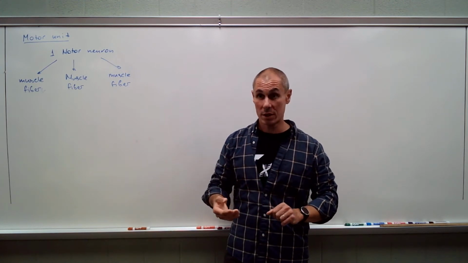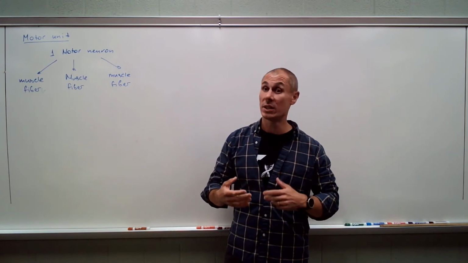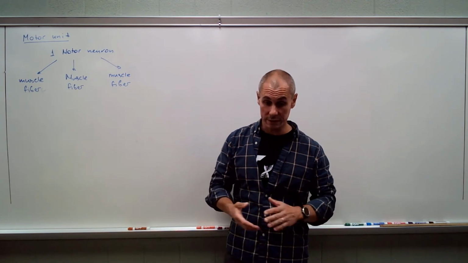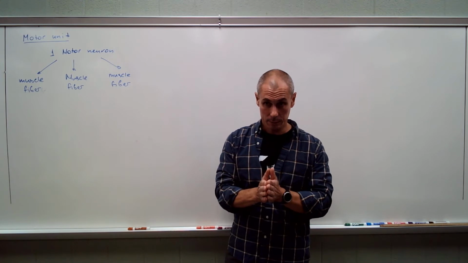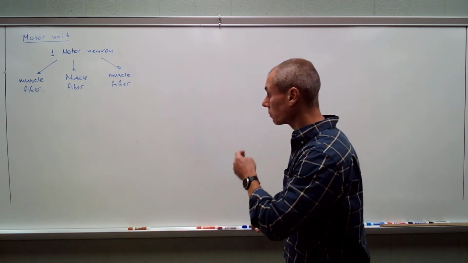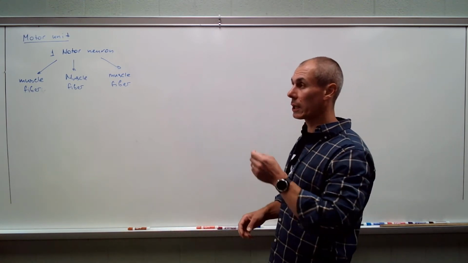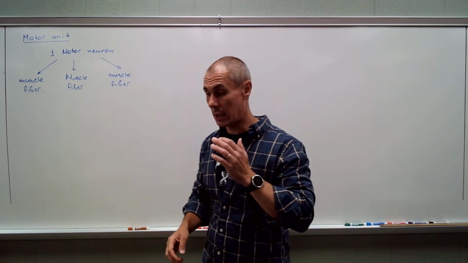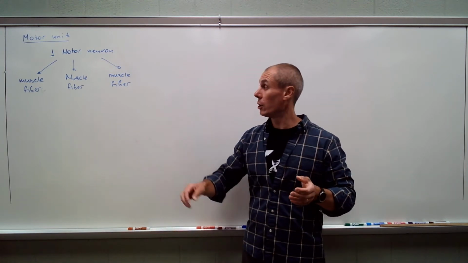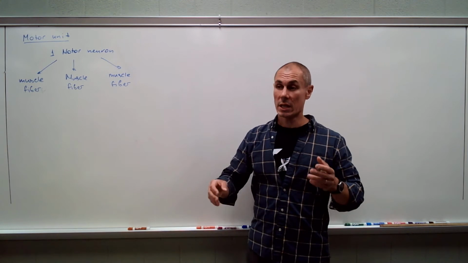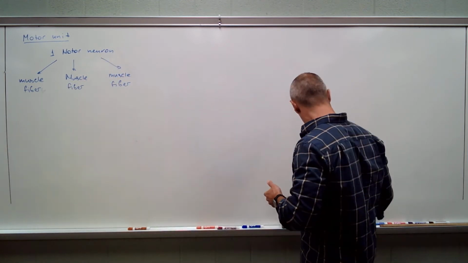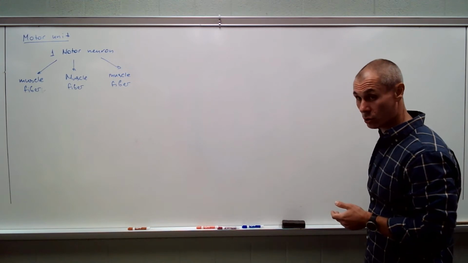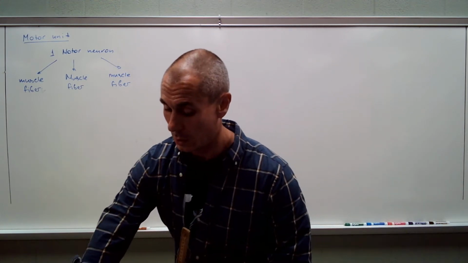Obviously, motor units can be small, medium, and large. They're generally divided this way. Does that make sense? Now, for a contraction of a single motor unit, we can describe the contraction of a motor unit in terms of the muscle twitch. Okay?